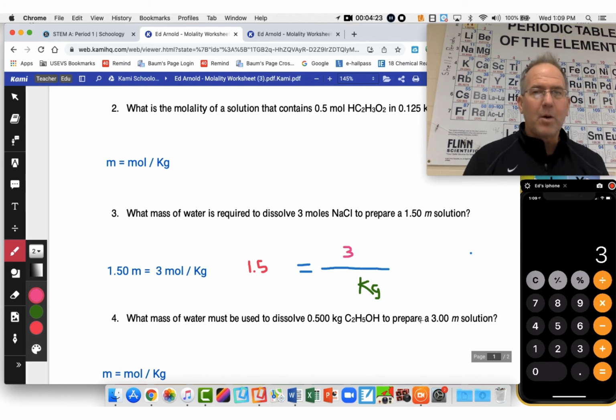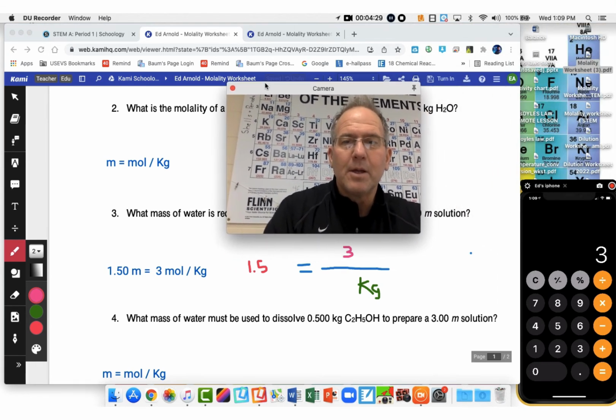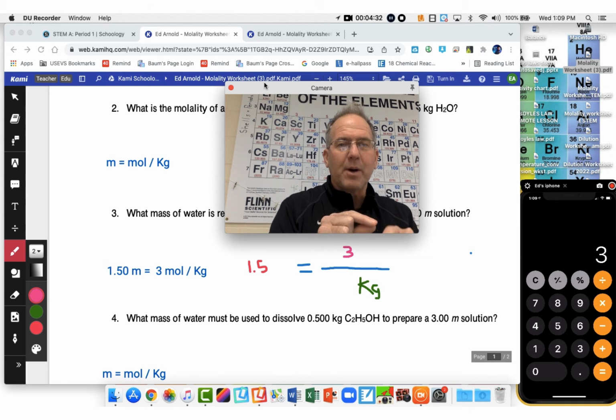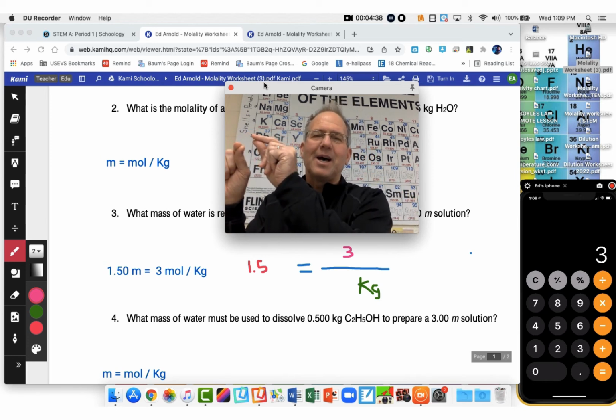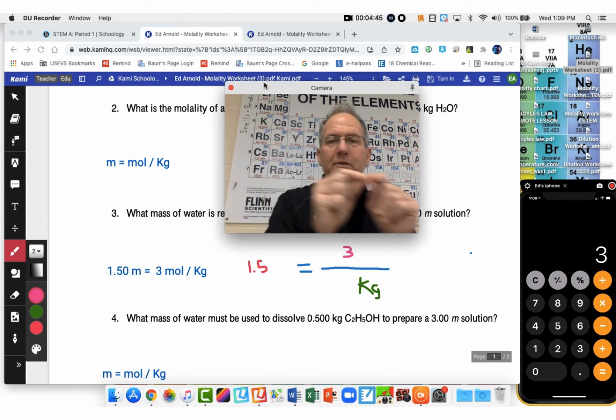Okay, now if I want to solve for that kg, remember what I have to do. If it's on the bottom of the equal sign, I have to move it to the top. If I have it on the top and I want to get it to the other side, I move it to the bottom.